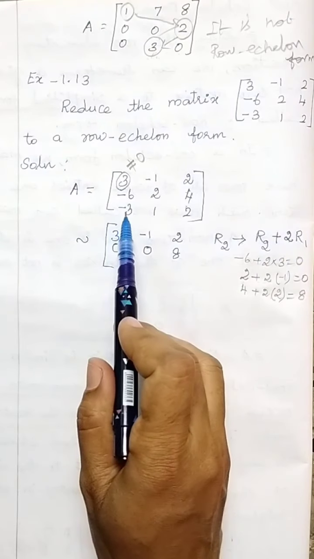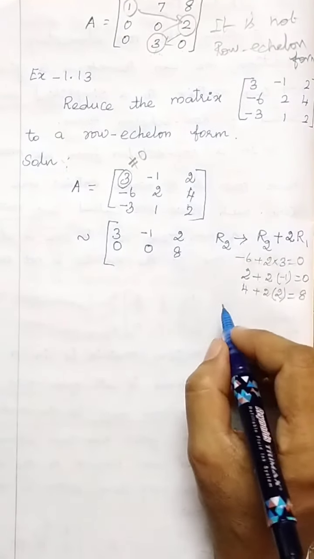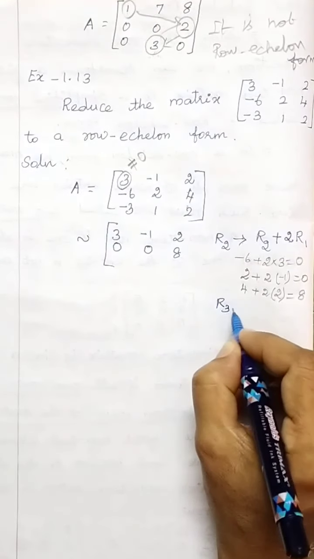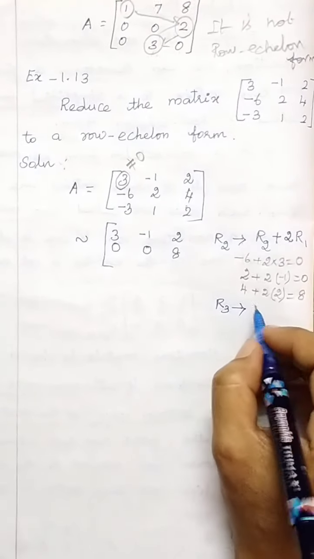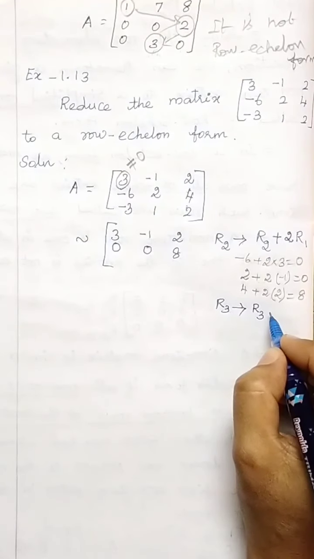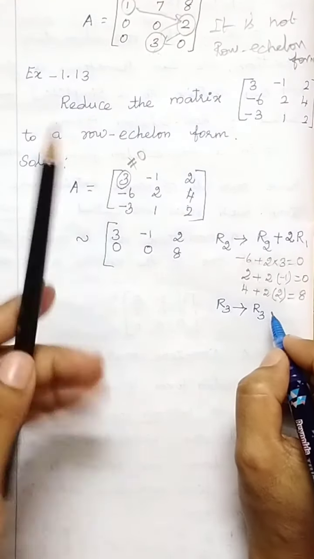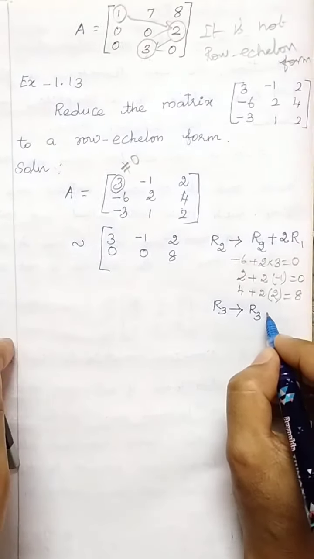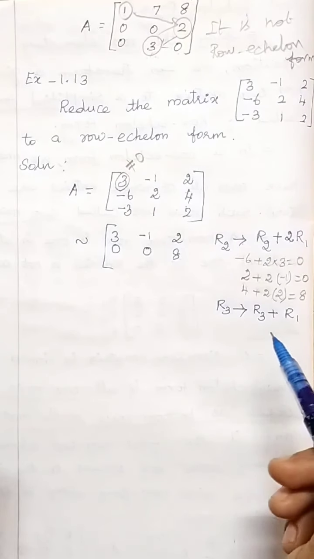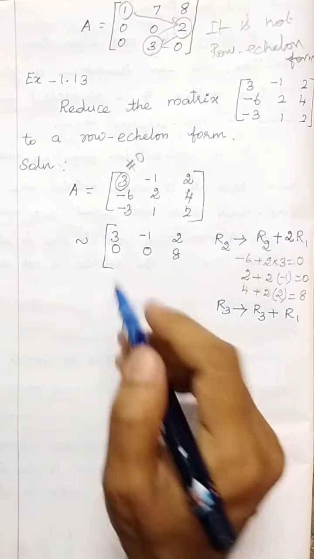Okay. So, use row echelon form, that is R3. R3 implies R3, here minus 3 plus 3 is 0. So, plus R1, right? R3 plus R1. We will use the third operation, right?